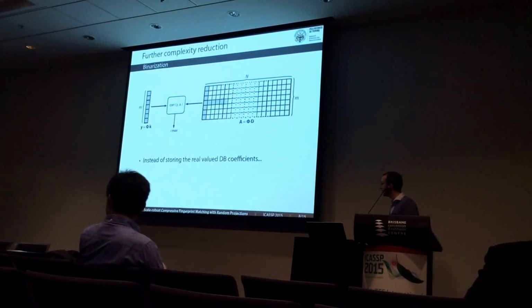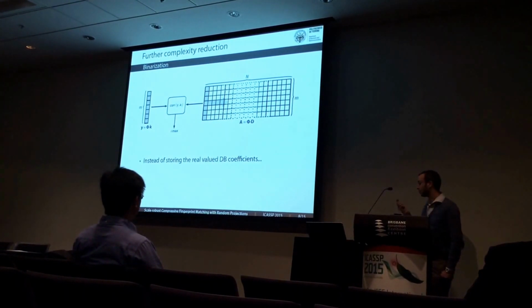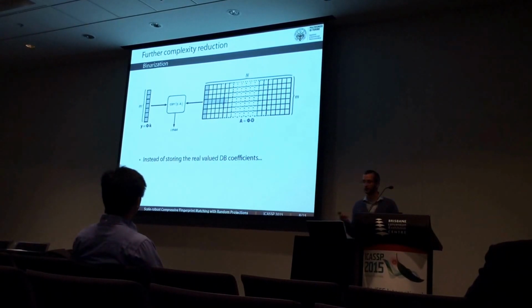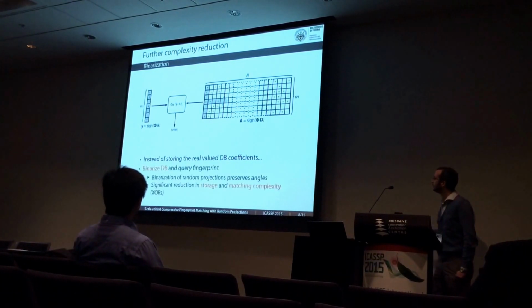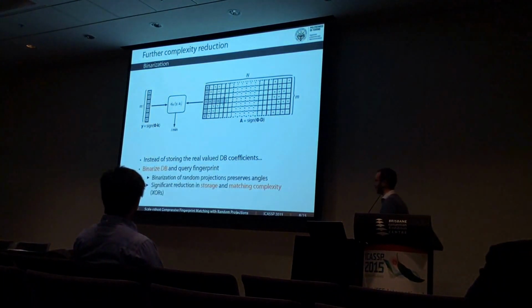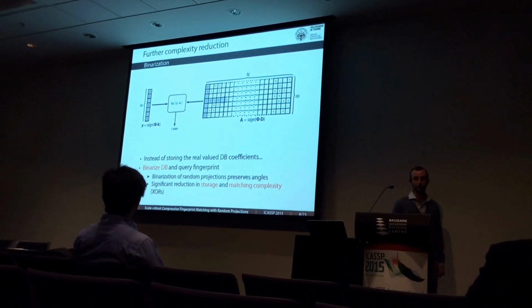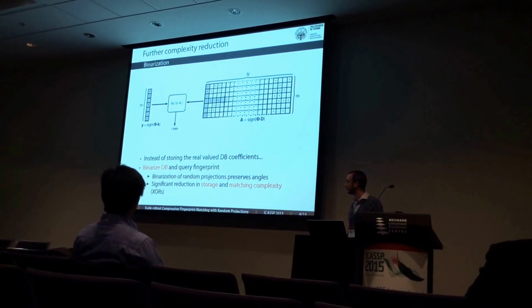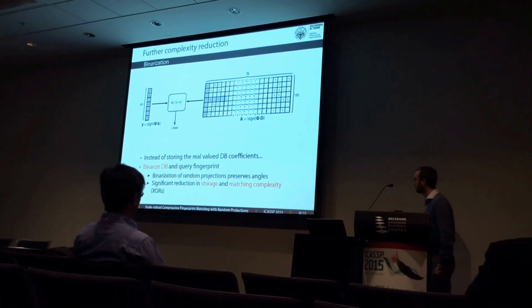So a further source of complexity reduction is the following. This is an optional step, let's say. Instead of storing the real-valued coefficients of the compressed fingerprint database, we can simply store their signs. So basically, we quantize each quantity with 1 bit. This reduces the size of the database in terms of storage dramatically.